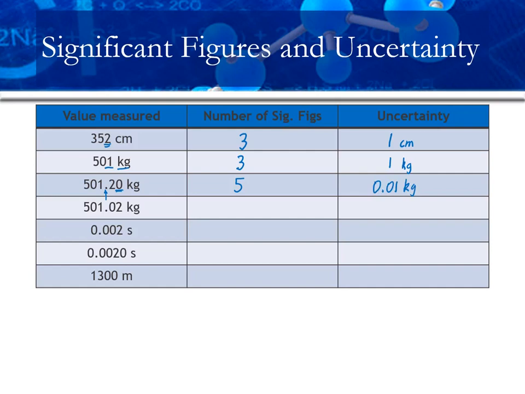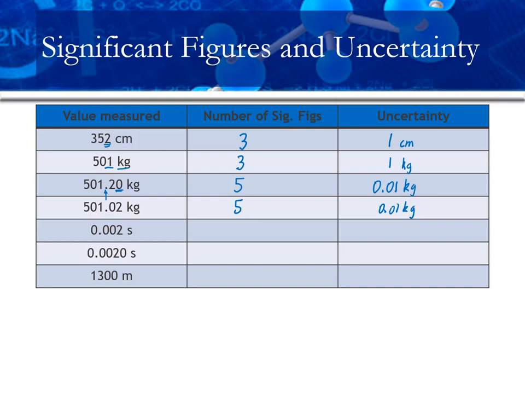This is a much more precise measurement. In the next example, 501.02, again, the zeros are enclosed between non-zero digits, so that makes them unambiguously significant digits. So there's 5. I use the word significant digit and significant figure interchangeably. And once again, the uncertainty is 0.01 kilograms.